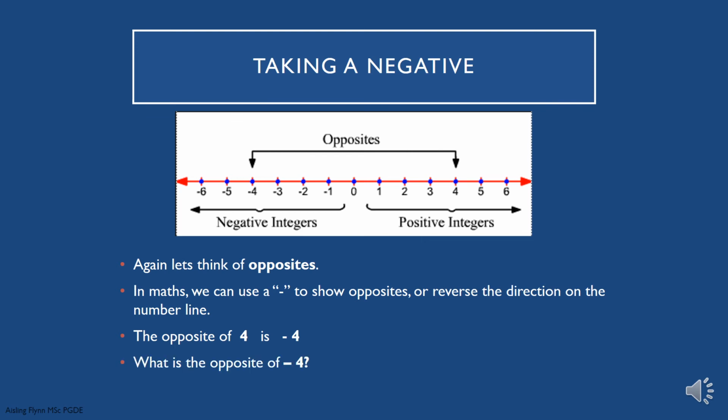So what is the opposite of negative 4? Well, the answer is positive 4, isn't it? So we can use minus 4 to indicate we're looking for its opposite, which is, of course, 4 or plus 4.